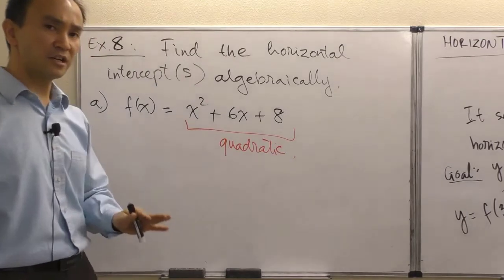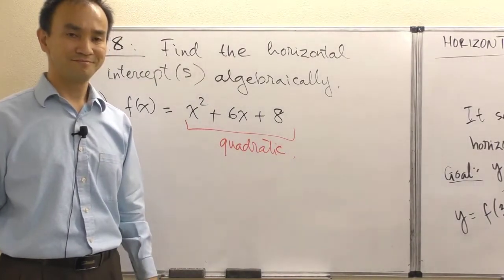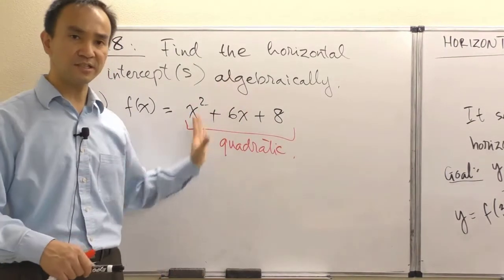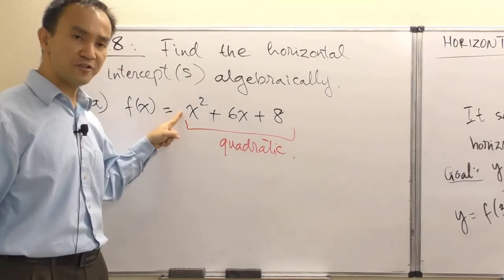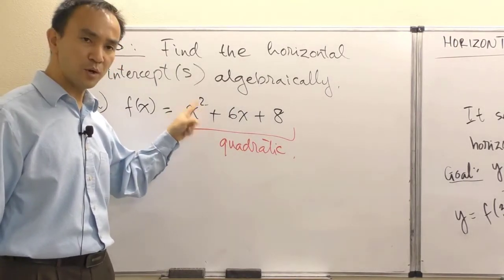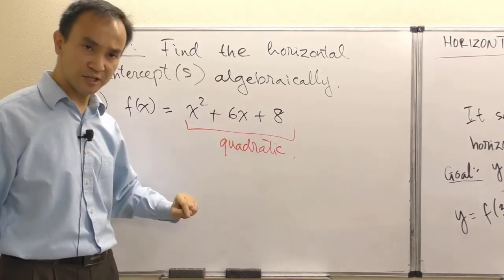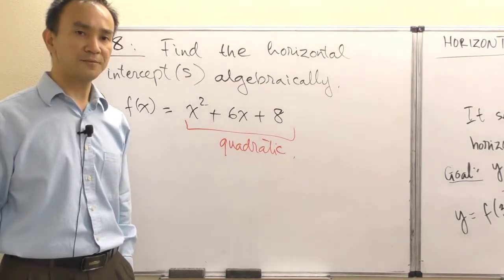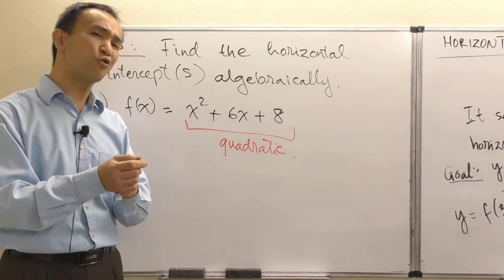In our current understanding, it's a polynomial of degree 2. But from past understanding, from the previous course, we learned that this is called a quadratic equation. The a coefficient is 1 in front of the x squared term. The b coefficient is positive 6 in front of the x term, and the constant term is here. Okay, so let's find the horizontal intercepts. But like I said earlier, before we get to that, let's quickly look at the graph.